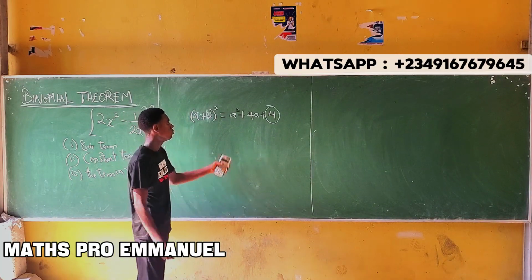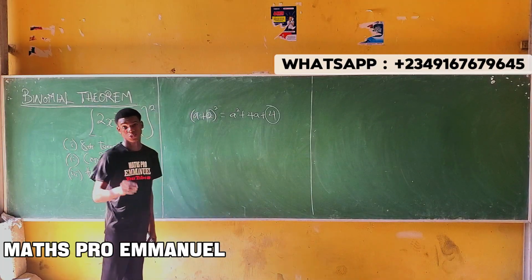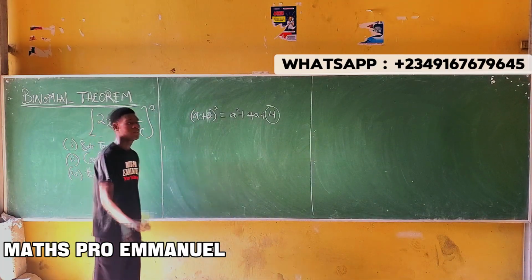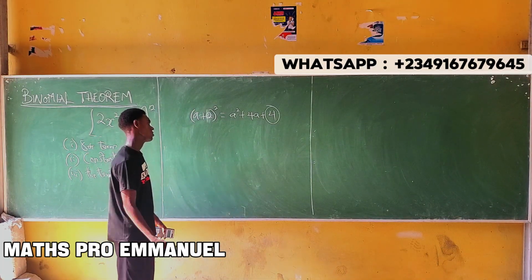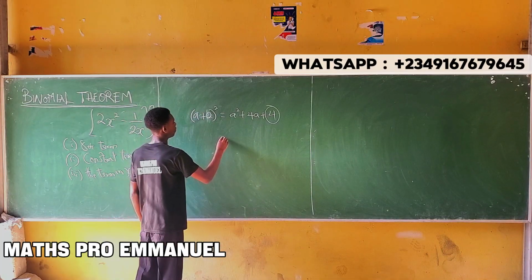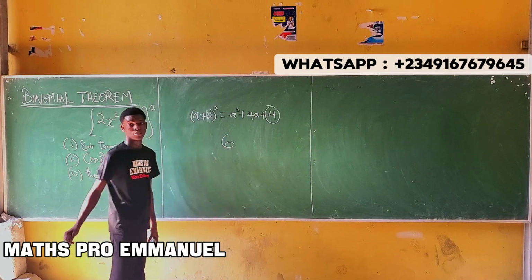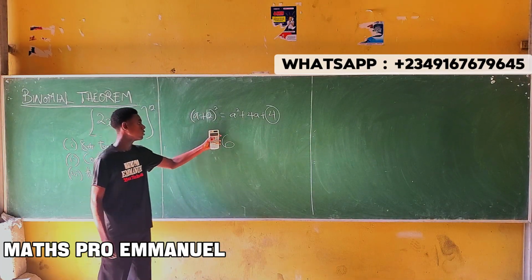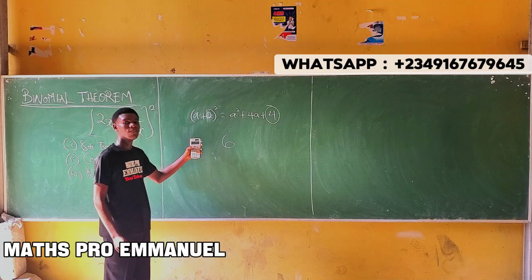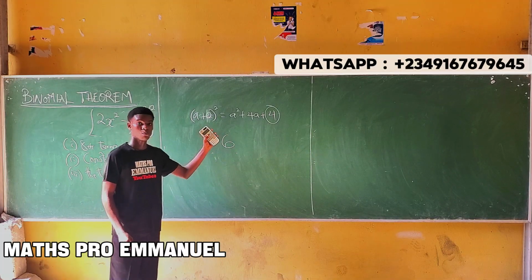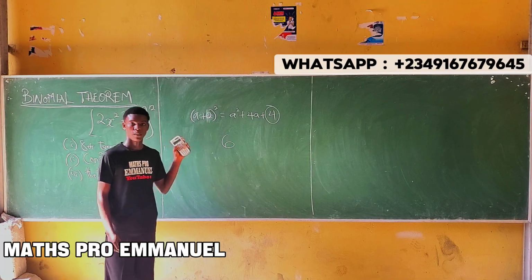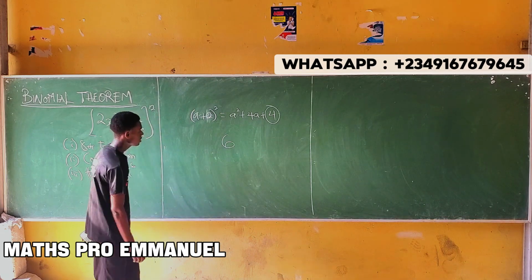So if you go back to this, there's one short video I did on my channel, I will just put it in the description, you will see it, where I gave a number like 6. So I showed all the invisible features with this number. And let me bring it here now. Let's say we are given the number 6.